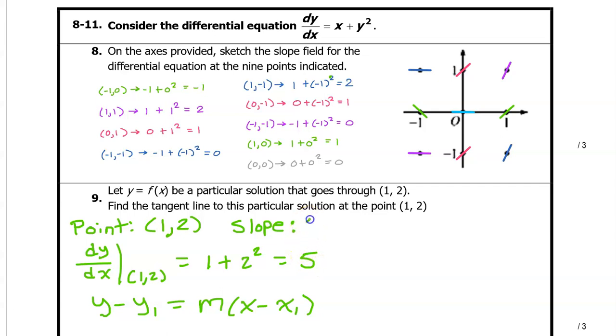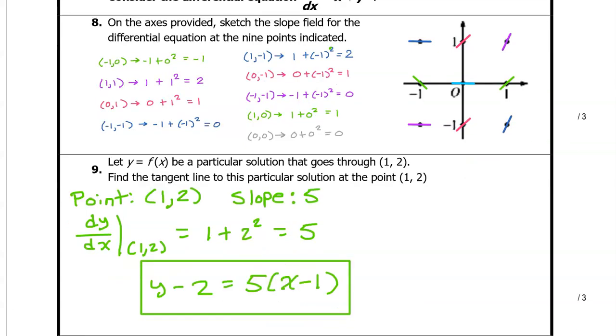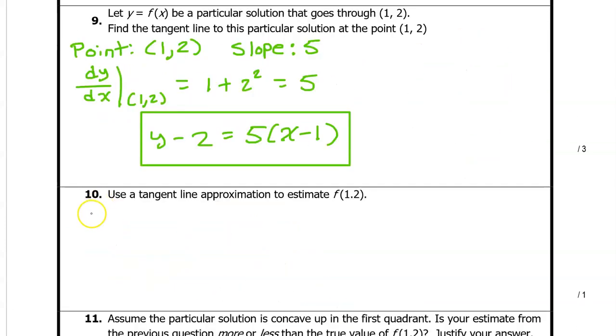Now that we have a point and the slope, we can easily write the equation. It goes y minus y1 is equal to the slope times x minus x1. Easy peasy. Number 10. Use a tangent line approximation to estimate f at 1.2.